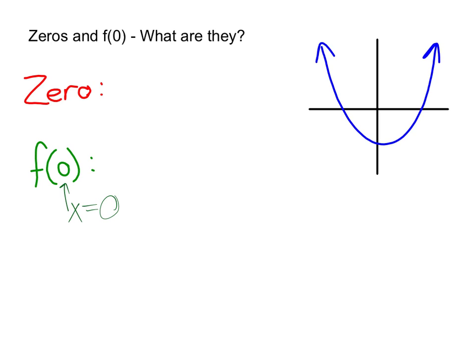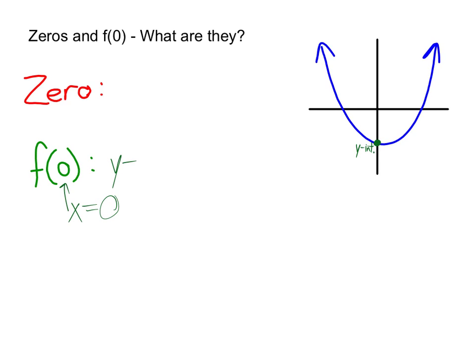Now, what does that look like, or where is that on our graph? Independent or on the y. There we go. Good. It's our y-intercept. It's right here on the graph, the y-intercept.